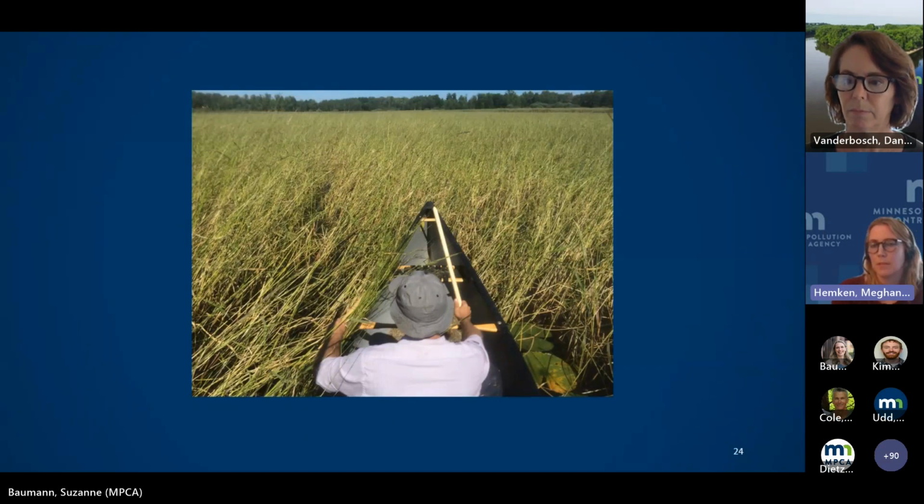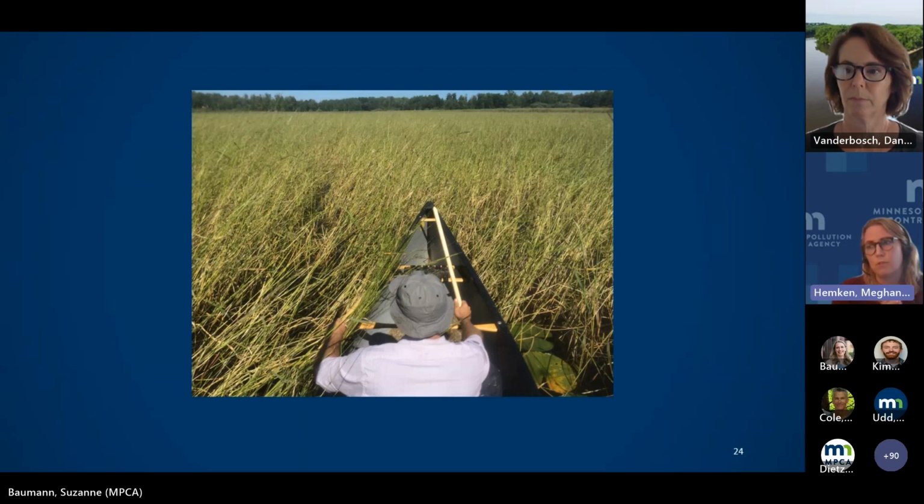For example, in the springtime, there's a stage of wild rice growth called the floating leaf stage. It is when the roots aren't actually as strong as they are later in the season. And the wild rice plant is really just floating on top of the water column. And so if there's a substantial storm, it can basically flush away a lot of wild rice.